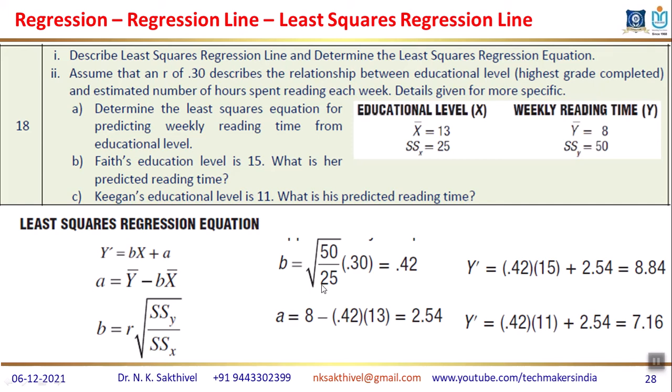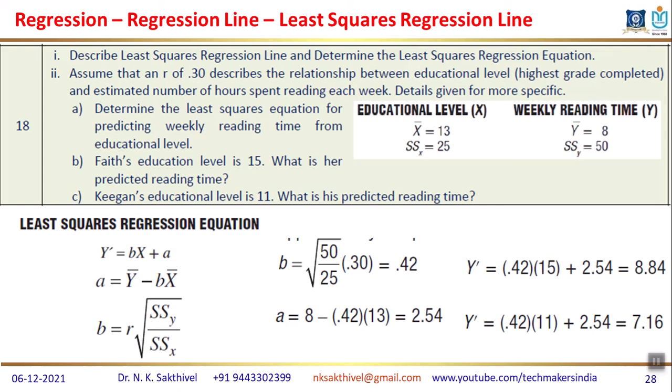Then for the b questions, this is the predicted reading time of Faith, and this is the predicted reading time of Keegan. In a university examination, they may give a different value instead of 15. At that time also we can calculate, because it is only substituting values.